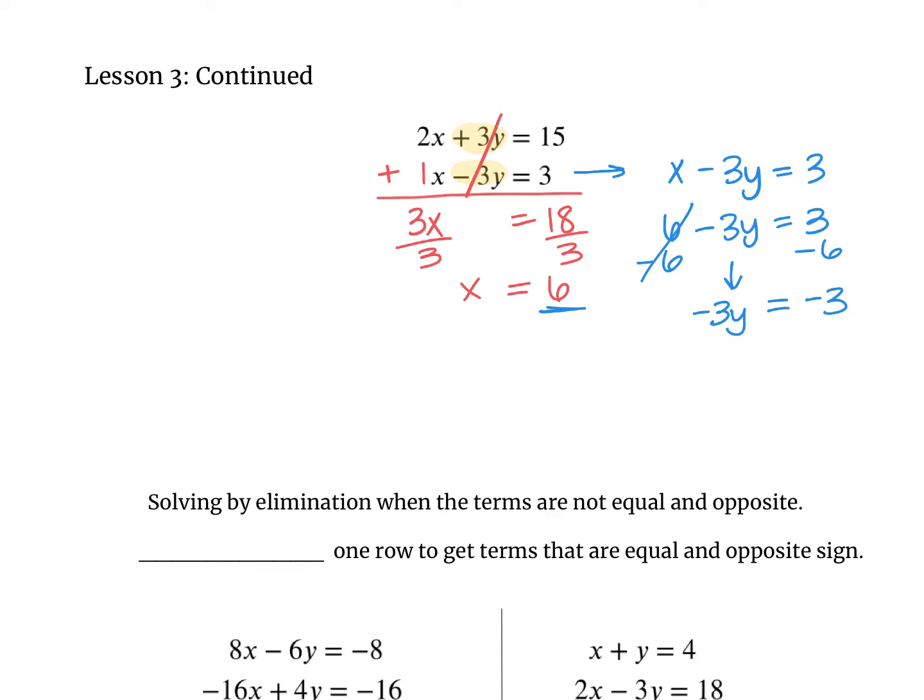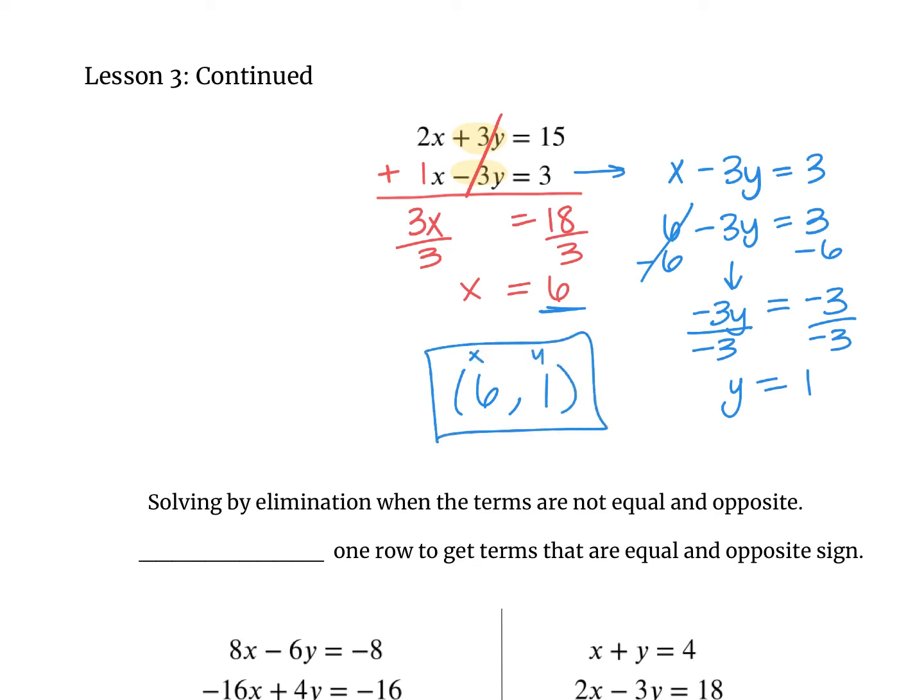Okay, so now we can get rid of the coefficient of y, which is negative 3. So we divide by negative 3 on both sides. We get y equals 1. So now we have an x, we have a y, so we write that as a coordinate to show our solution here, 6, 1. Remember, x always goes first, y is next.